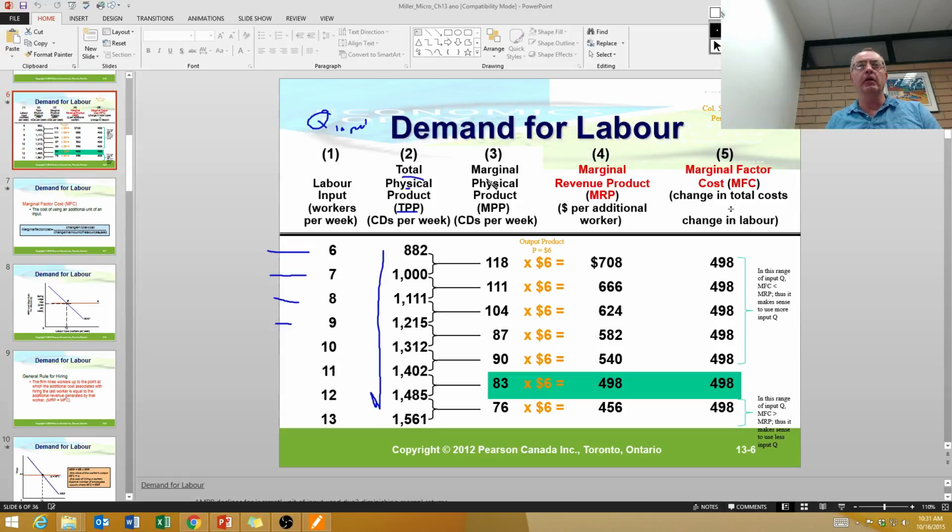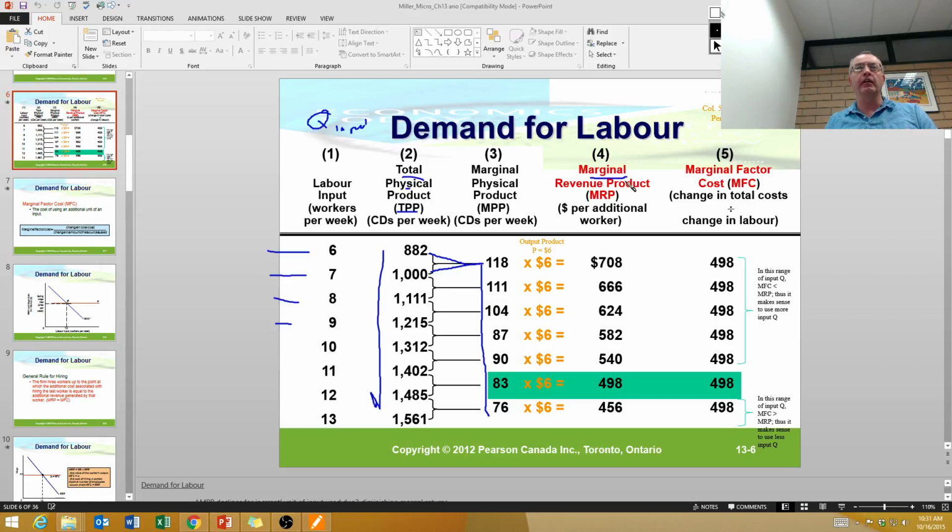And then the marginal physical product is the difference in total output from hiring each additional worker. And we see that marginal physical product stays positive, but it declines. So it increases, but at a decreasing rate.